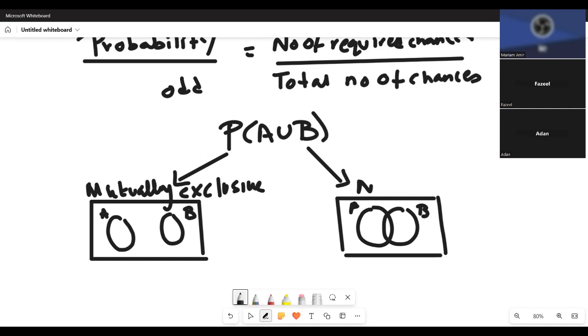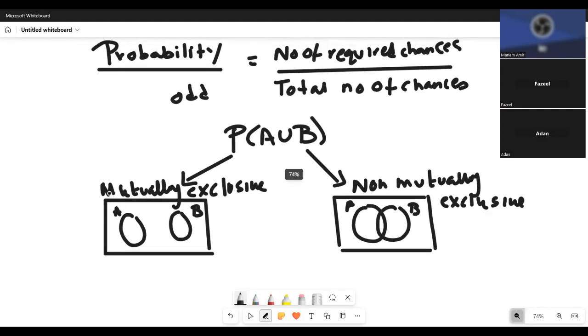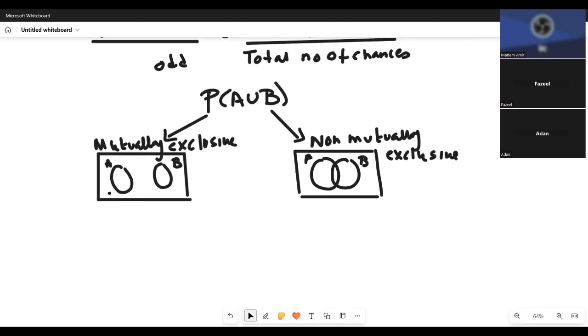And this would be non-mutually exclusive. So in the case of mutually exclusive events, write events next to it, and these are non-mutually exclusive events.